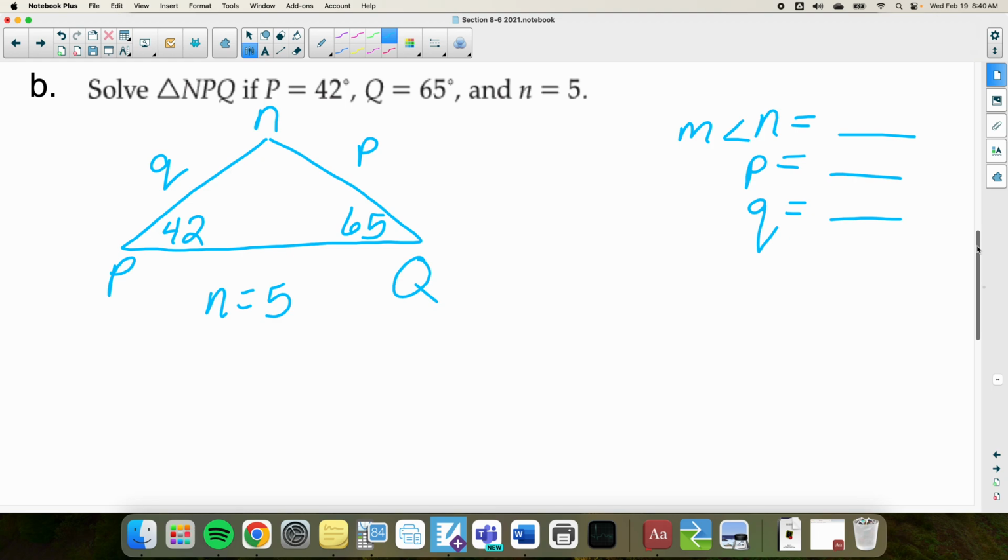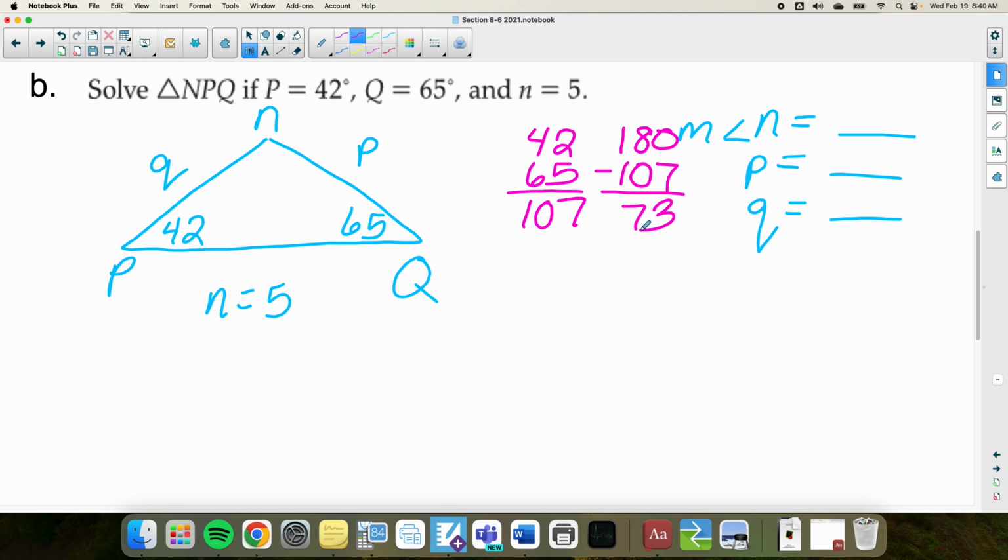Now, when you do law of sines, you have to know an angle and its opposite side. And right now when I look at this, I don't know both of those. But what could I do right off the bat? Find angle N. So I could add 42 plus 65, which is 107. Subtract that from 180, and I get 73.